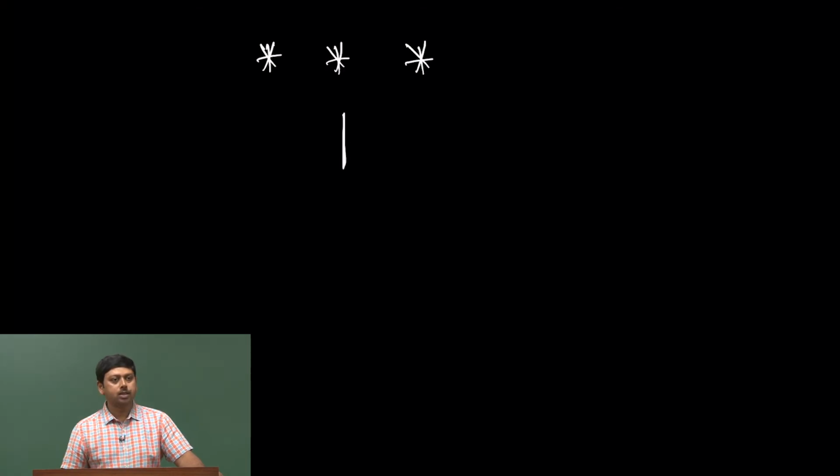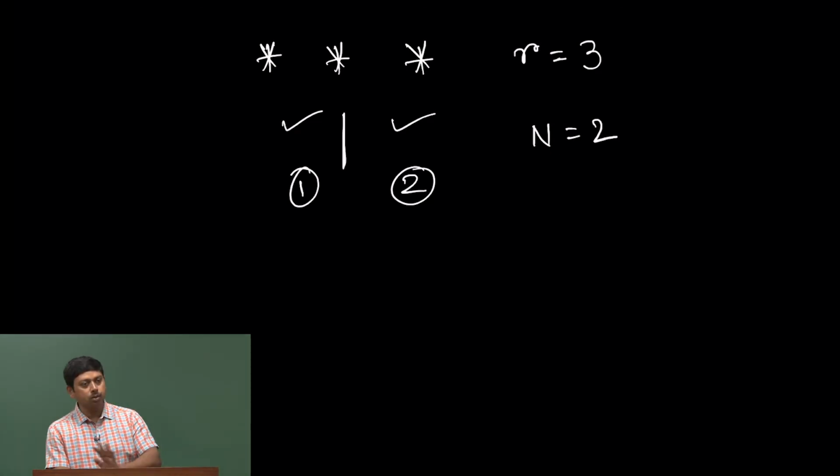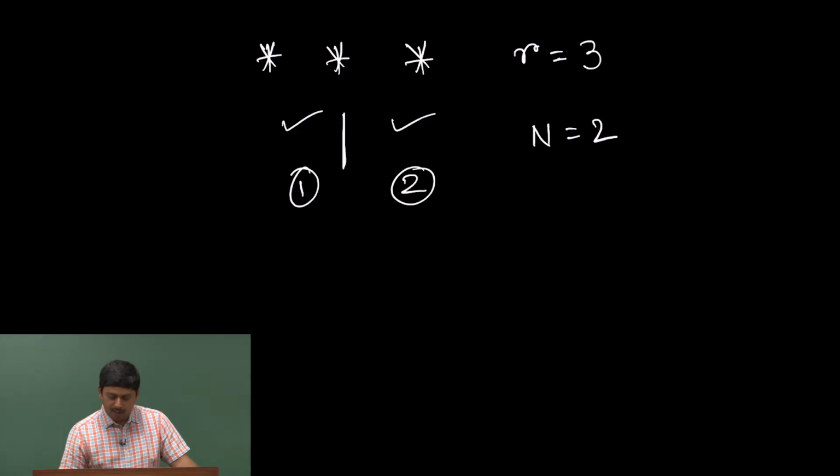So, imagine that you have 3 particles or 3 units of energy and 2 boxes. So, 3 units of energy is r equal to 3, and 2 boxes is n equal to 2. Now, 2 boxes can be obtained by 1 bar. The left hand side of the bar will be one box and the right hand side of the bar will be another box. According to the problem, a bar will give us 2 particles, particle 1 and particle 2, and the stars are energy units.